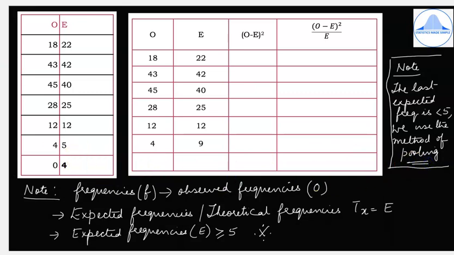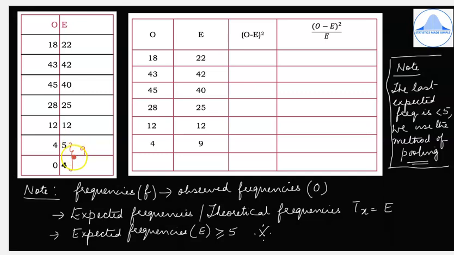So what do we do in this method of pooling? Because there is no value after 4, this 4, which is the last expected frequency, is added to the preceding value 5. So when I add 4 and 5, I get 9, and 9 is greater than 5.